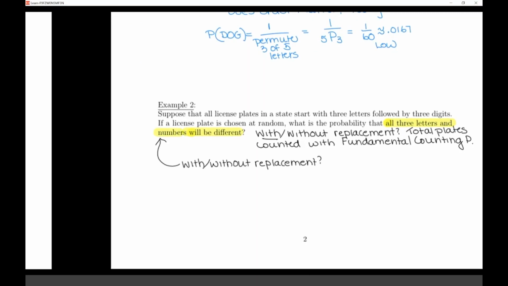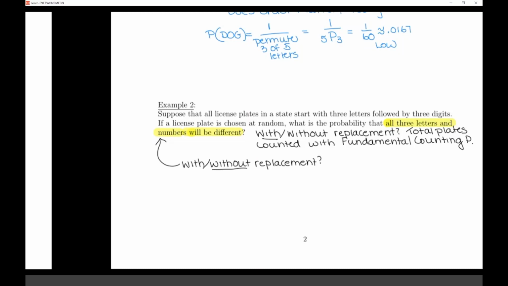If I'm interested in 3 letters and 3 numbers being different, am I putting the letters and numbers back in the pool? I'm not. So this part is without replacement.